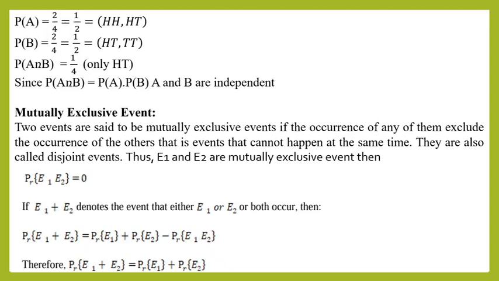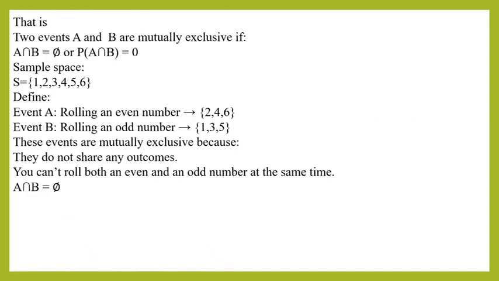If E1 plus E2 denotes the event that either E1 or E2 or both occur, then the probability of E1 plus E2 is equal to the probability of E1 plus the probability of E2 minus the probability of E1 E2. Therefore, the probability of E1 plus E2 equals the probability of E1 plus the probability of E2. That is, two events A and B are mutually exclusive if A intersection B equals the empty set, or B intersection A, or the probability of A intersection B equals 0.